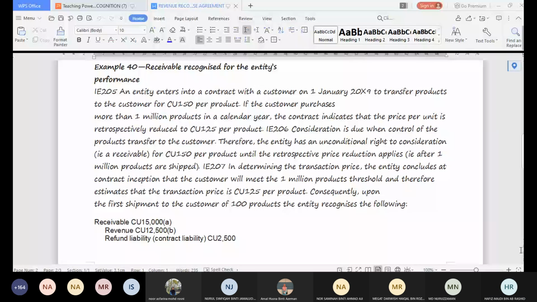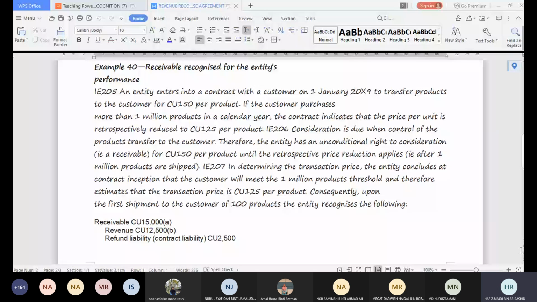Okay, so the company assumes that the customer will meet this 1 million threshold and therefore estimates the price at 125. Of course, they will initially record that they have the right to 150.